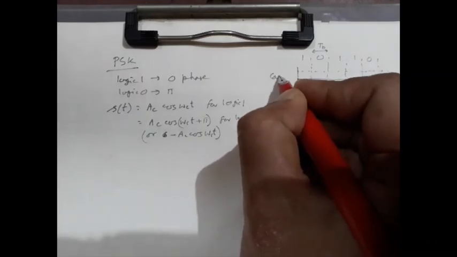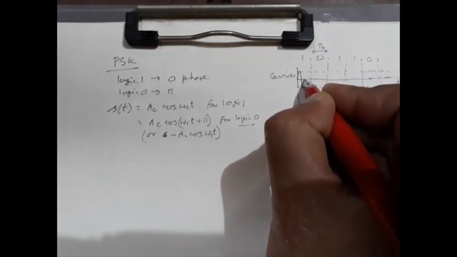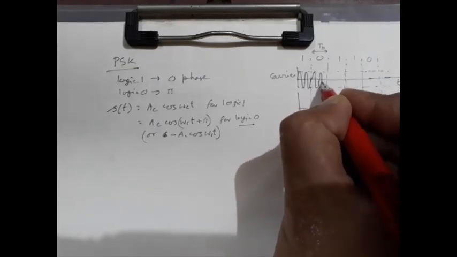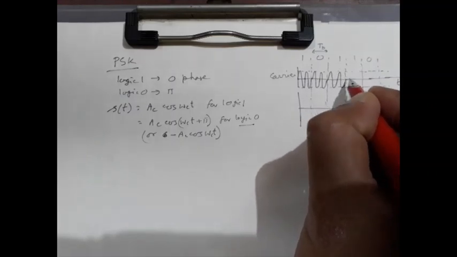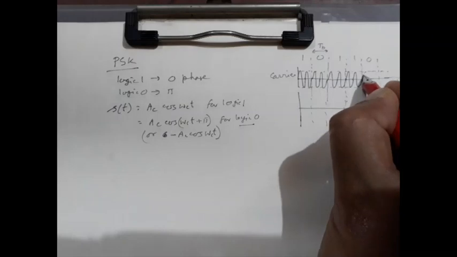This is the carrier. The carrier is a sinusoidal variation, so you can draw it in this way. Simple sinusoidal carrier.